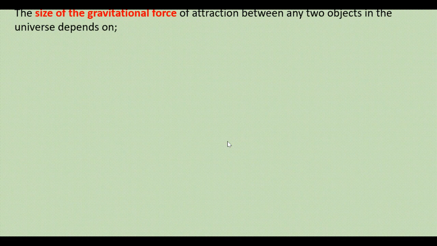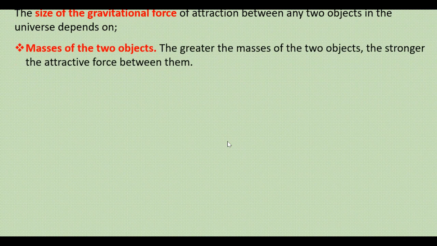The magnitude of the gravitational force of attraction between any two objects in the universe depends on two factors, namely: 1. The masses of the two objects. The greater the masses of the two objects, the stronger the attractive force between the objects.